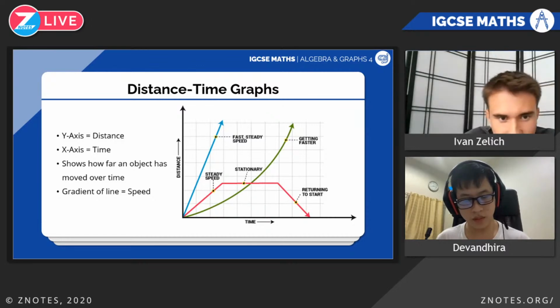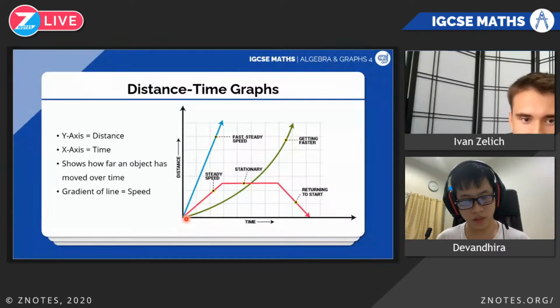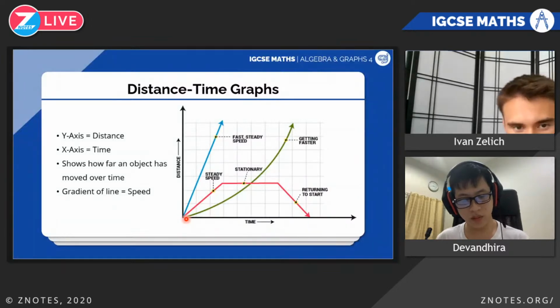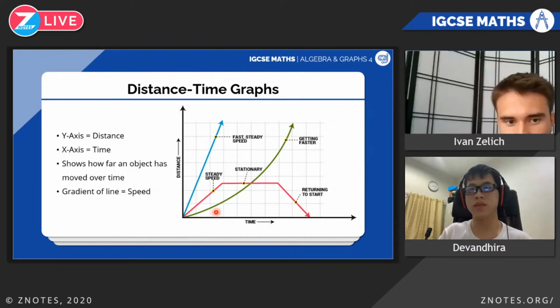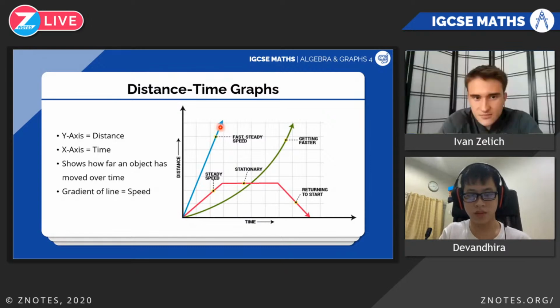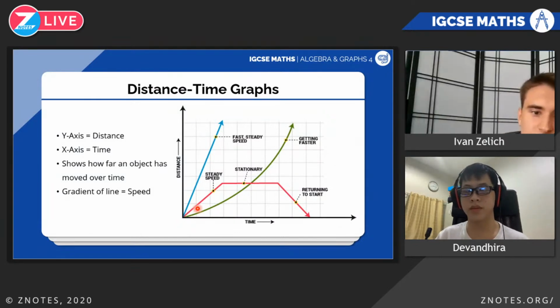So when we're asked to analyze them, a steeper gradient like this means that you're going quicker, and a not so steep gradient means you're going slower. And when it's a line like this, the gradient is constant. That's the definition of a line, y equals mx plus c. m is the gradient, so these will be constant m's.